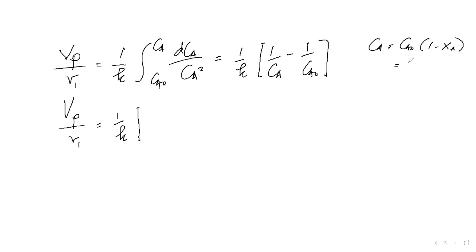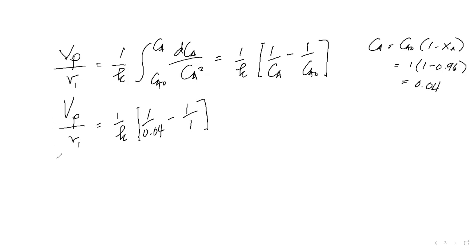Your CaO is 1 mole, and your conversion is 0.96. So then this must be 0.04. So we can substitute the Ca value here, 1 over 0.04, and your CaO, which is 1 here. Okay.